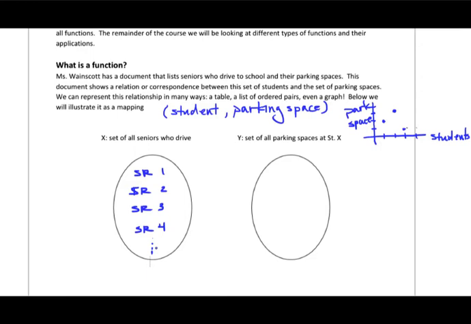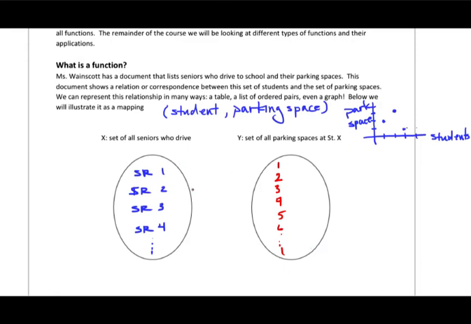The next set, we'll call Y the set of all parking spaces at St. X. They're numbered, so this could really just be a set of numbers: 1, 2, 3, 4, 5, 6, etc.